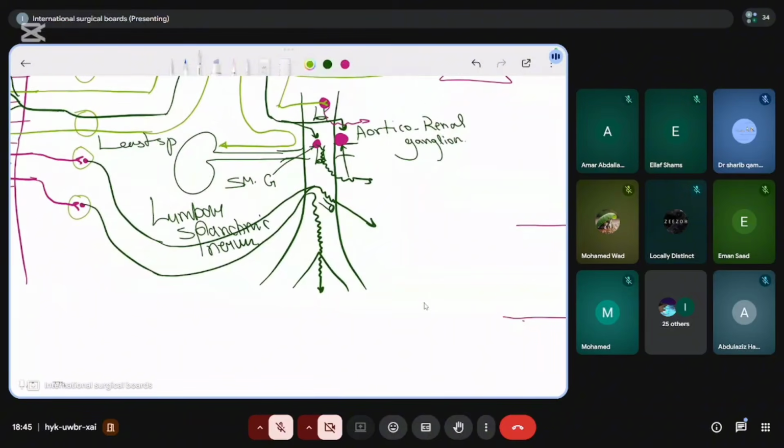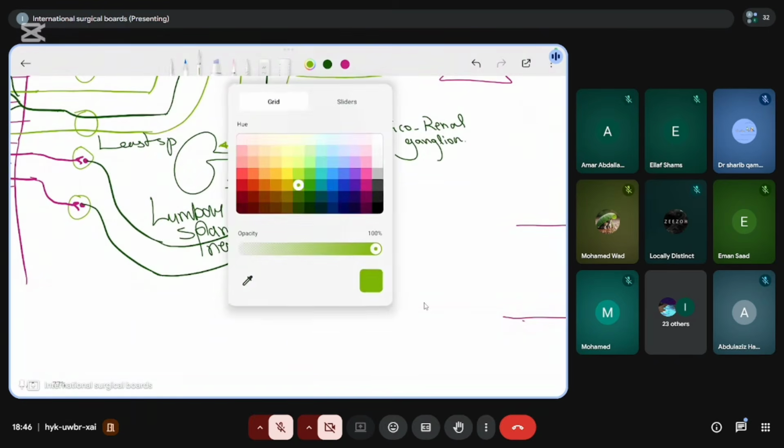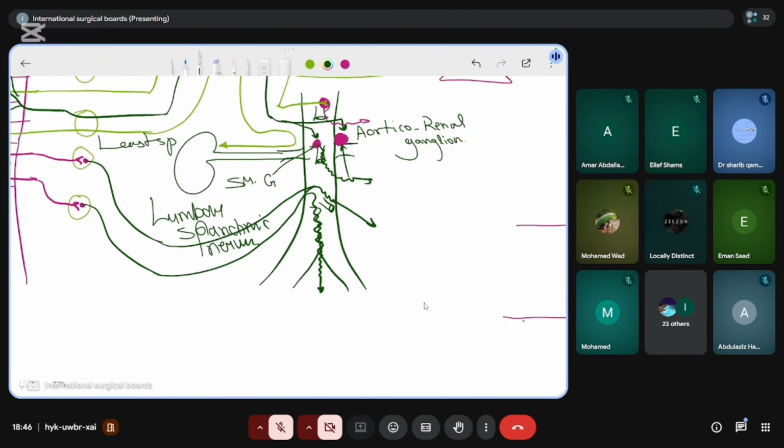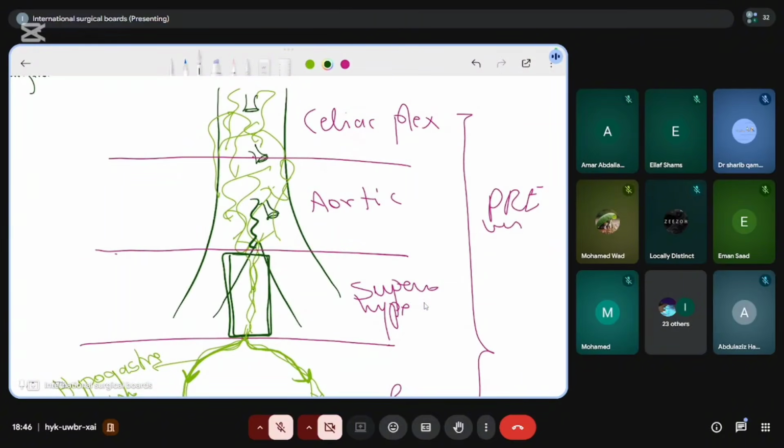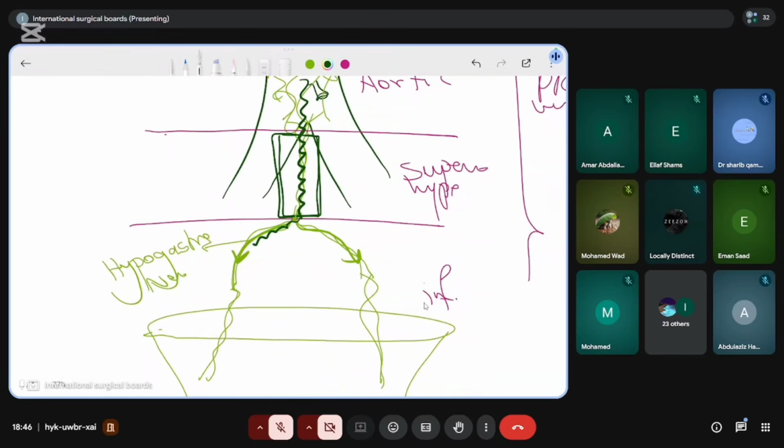We stopped at the point where we said some of the lumbar splanchnic nerves move down. They move down like this, guys, along the inferior hypogastric plexus and then along the hypogastric nerves and then to the pelvic organs. They are already postganglionic. Remember, they are already postganglionic. And they supply the pelvic organs.